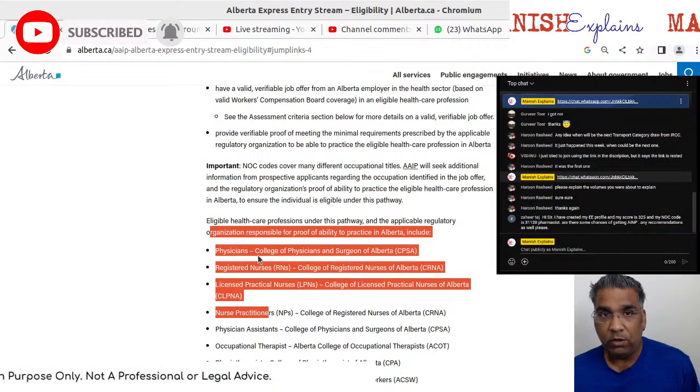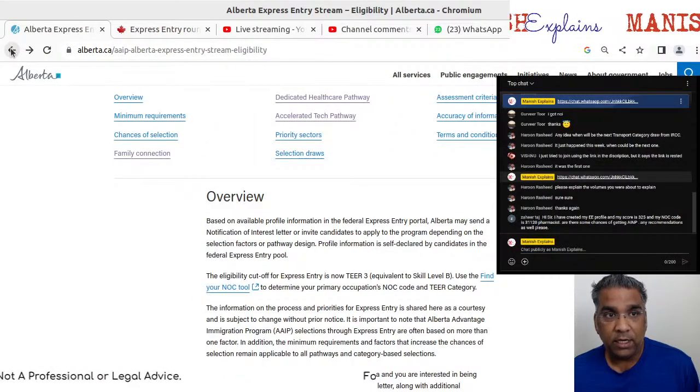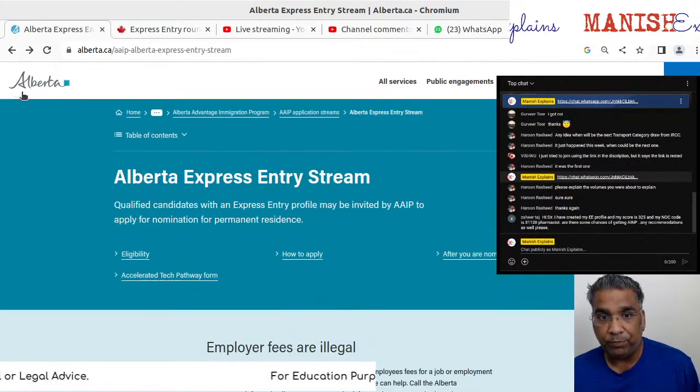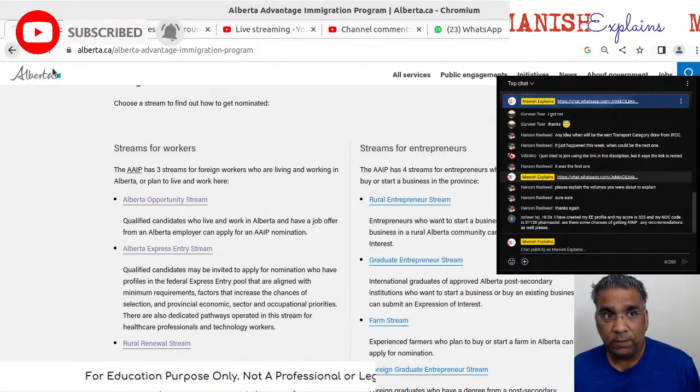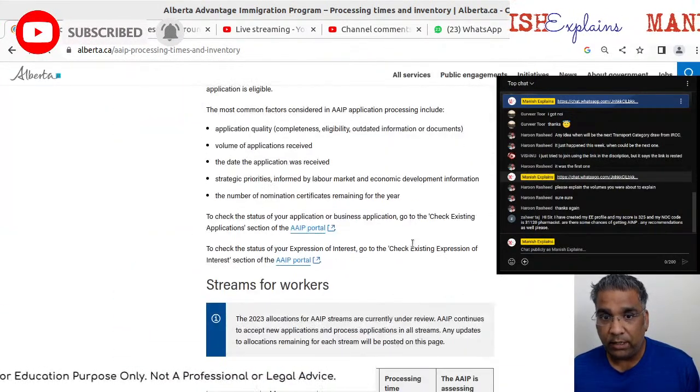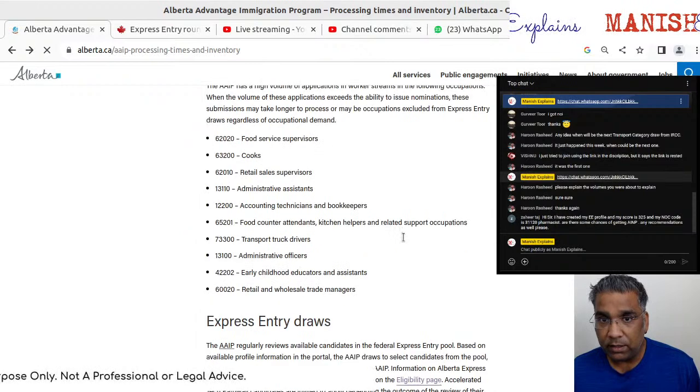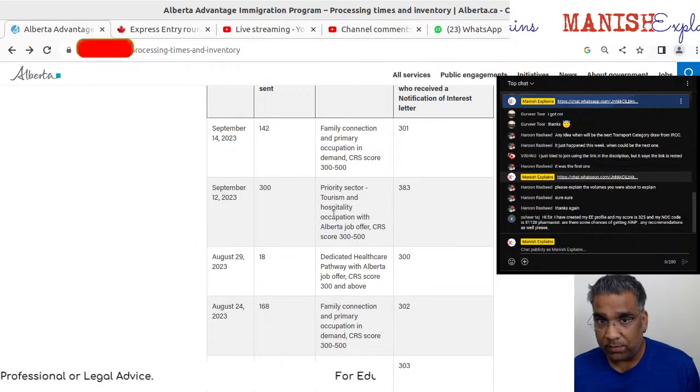The trend that I'm seeing now is basically family connection and then priority sector.